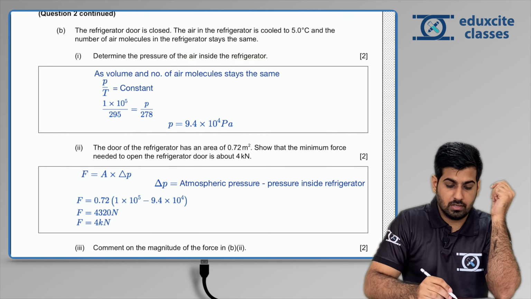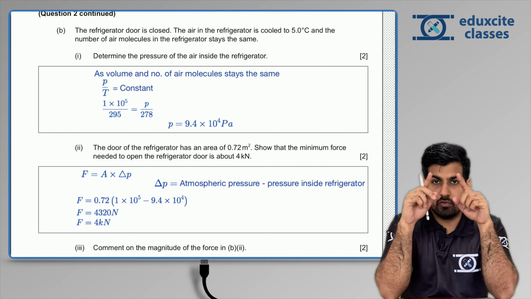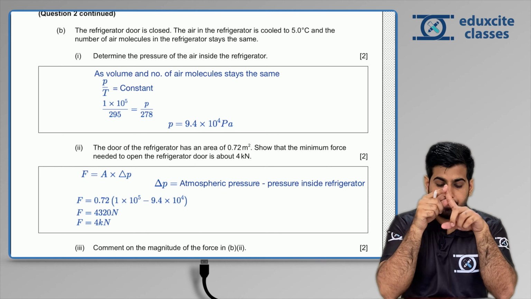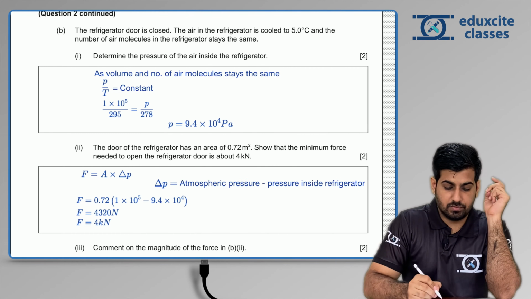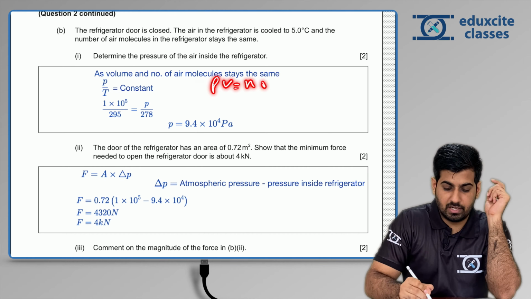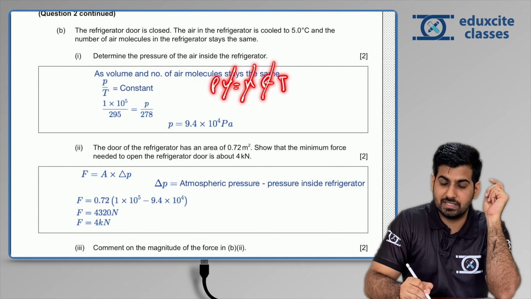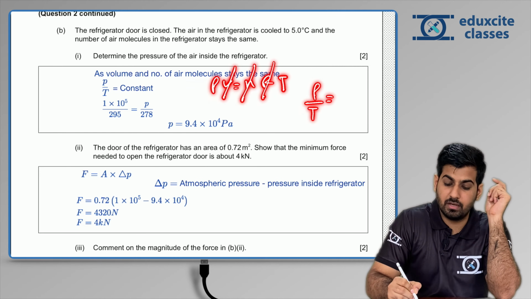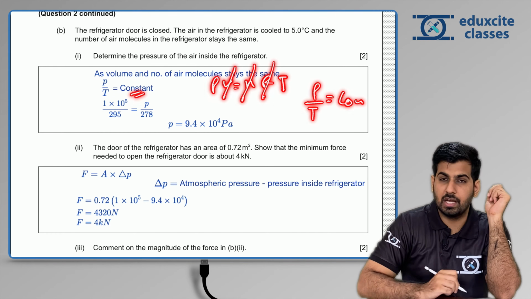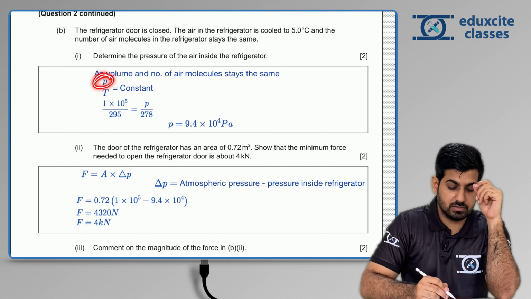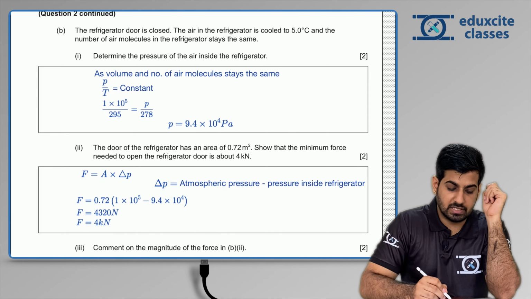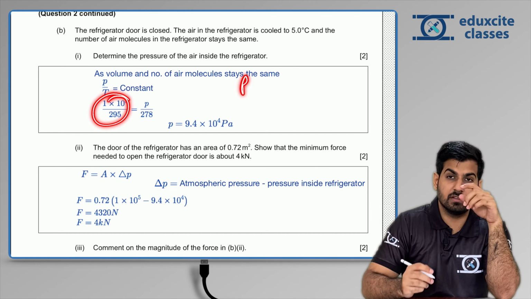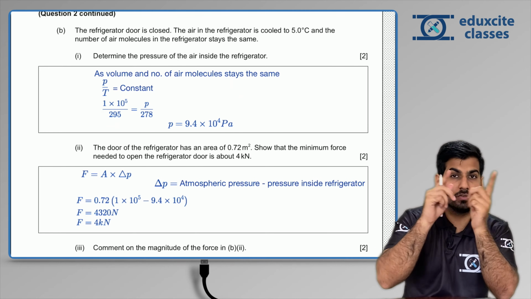So here we can consider that the volume of the refrigerator will remain the same and the number of molecules also stays the same. So PV equals nRT. So V, n and R we can consider as the same. So P by T will remain constant. So that is what I have written here. Pressure is 1 × 10^5, that is the initial. Now we are considering when the door was open and when the door was closed.